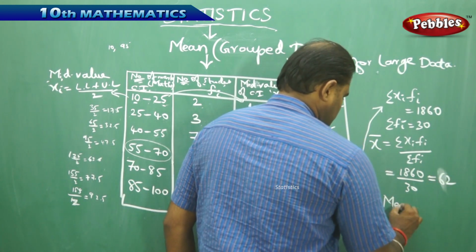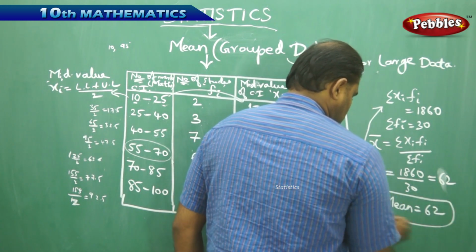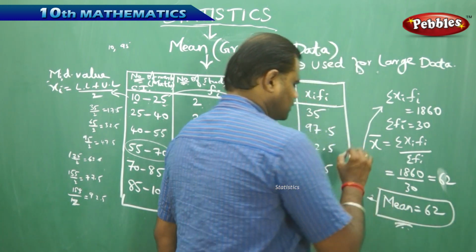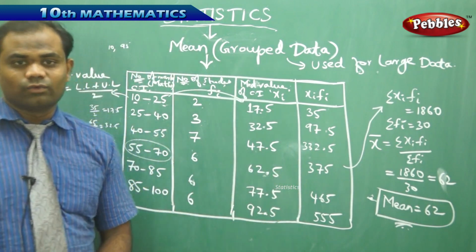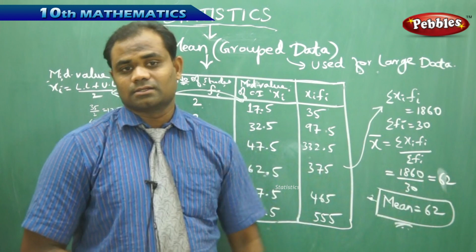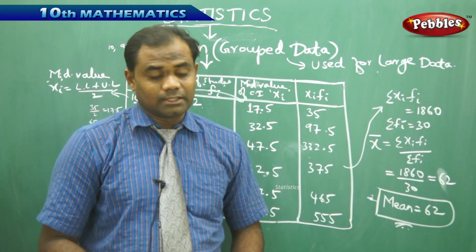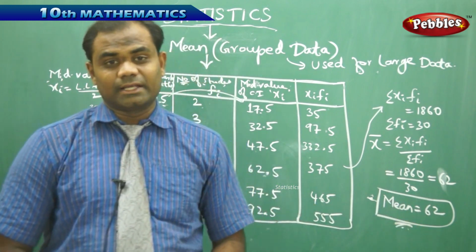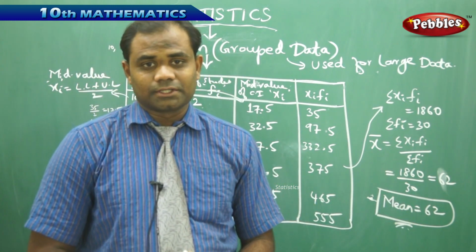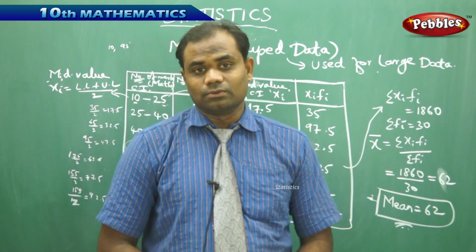Therefore, the mean is 62 for the given example problem. This is how we understand the mean of grouped data when the data is very large. The mean being 62 implies that on average, the whole class average is approximately 62 marks.